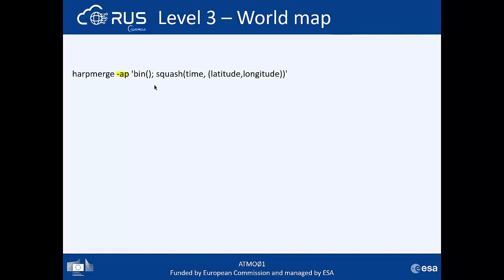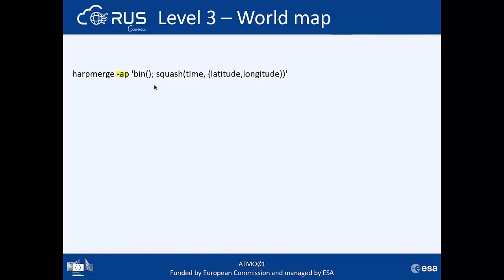So in this case, the operations we want to apply to the merged product are intended to properly export the output merged product. The bin operation will average each of the lat-long grid cells over time, and the squash operation will remove the time dimension created by the bin operation from the lat-long variables to have proper georeferenced products for further use in software such as QGIS or Panoply, in case you're interested.